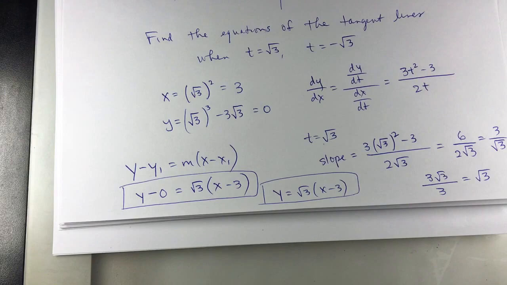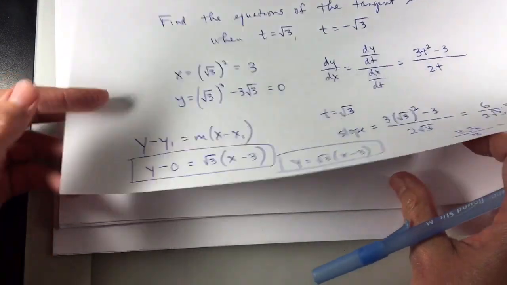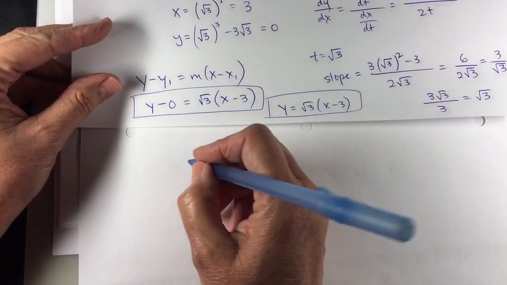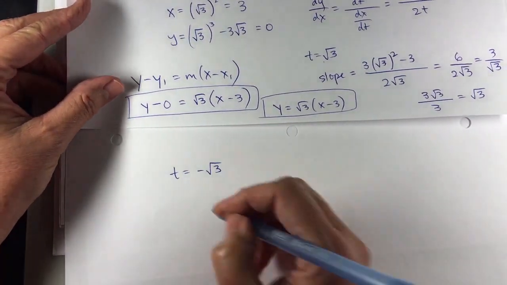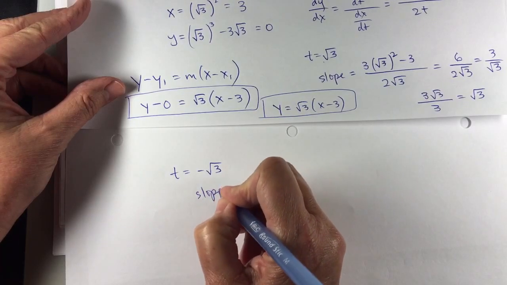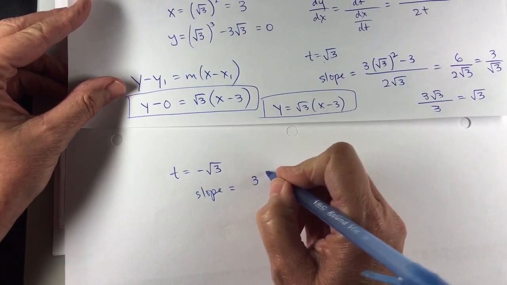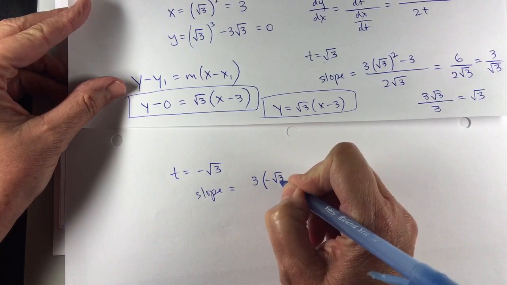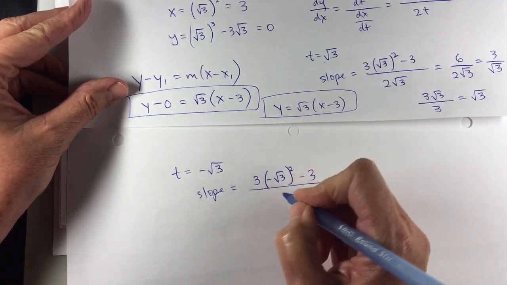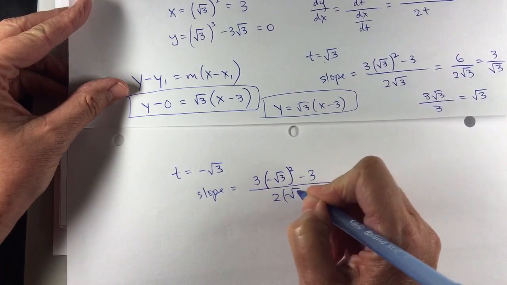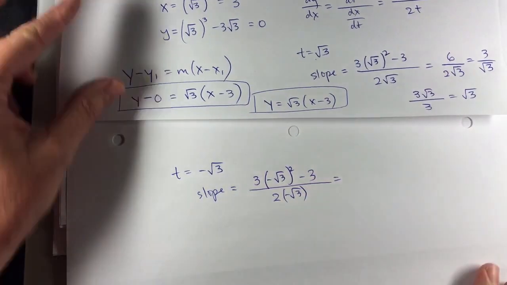What is the slope when t is negative square root of 3? T is negative square root of 3. Okay, so the slope would be 3 times negative square root of 3 squared minus 3 over 2 times negative square root of 3.